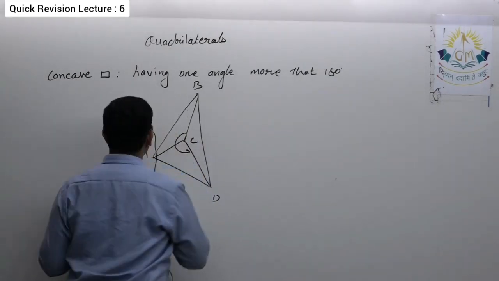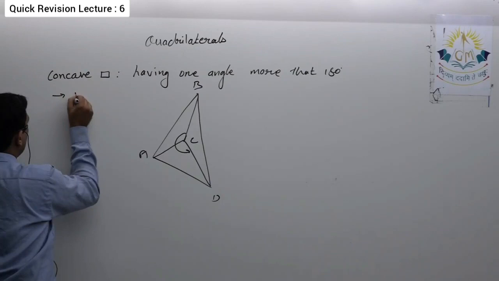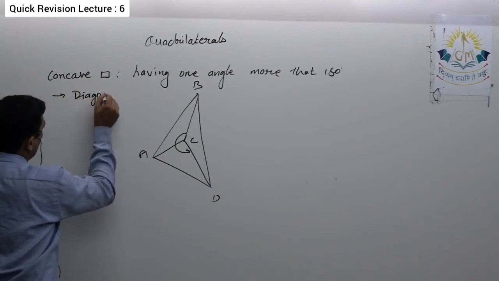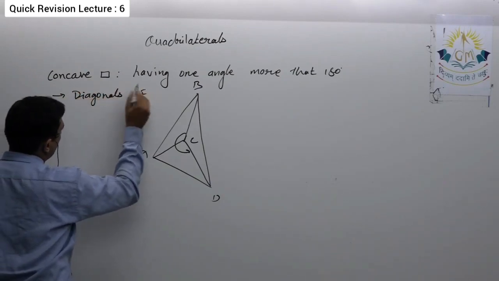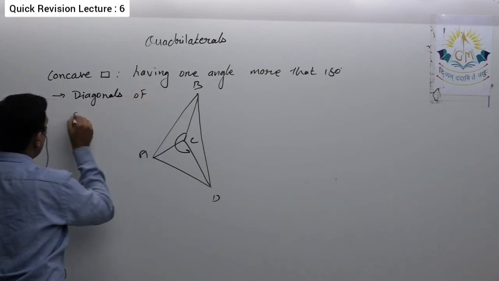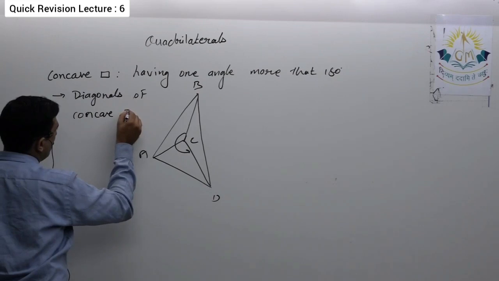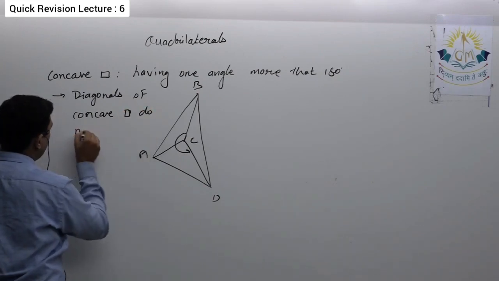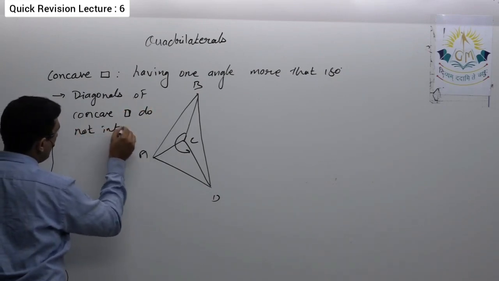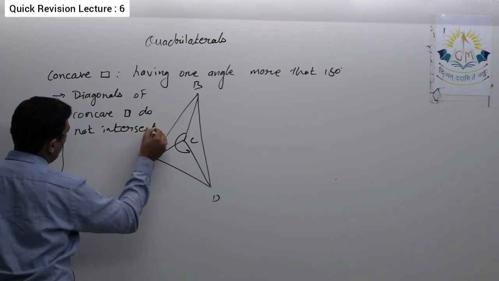First thing, the diagonals of a concave quadrilateral do not intersect. Okay, they do not intersect.